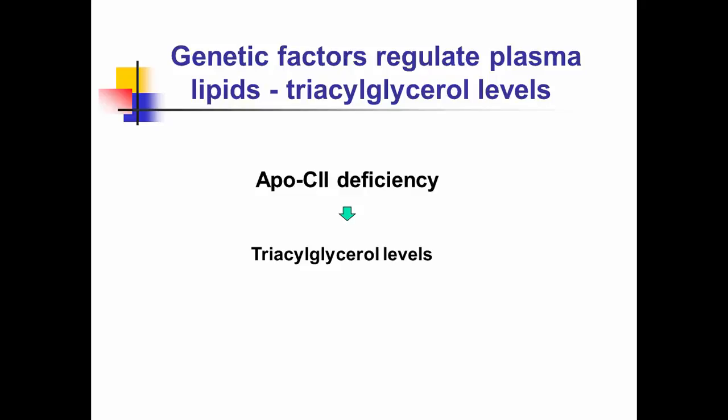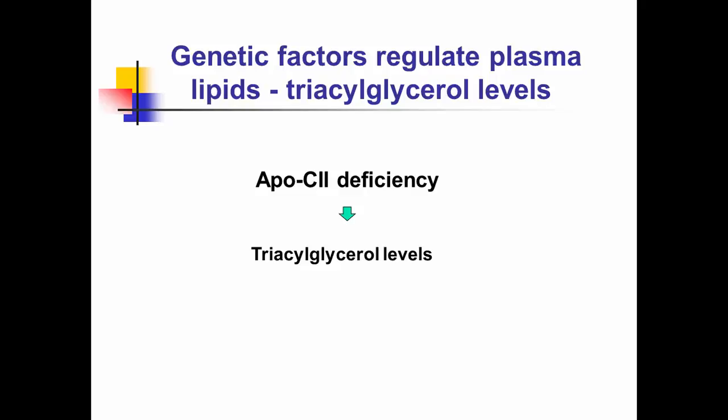And where is ApoC2 located? In which lipoprotein? We have four lipoproteins, right? We just talked about four: chylomicron, VLDL, LDL, HDL. ApoC2 is located on the surface of the chylomicron and the VLDL.